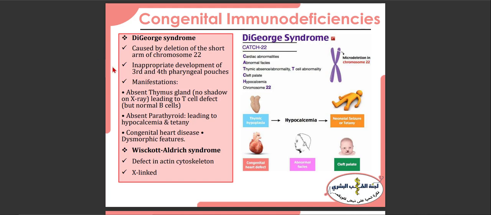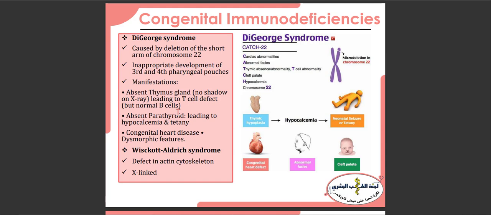المشكلة بتكون إنه بصير في عنا inappropriate development of the third and fourth pharyngeal pouches. هاي بالembryology. Manifestations بيكون في عنا absent thymus gland, no thymus, no shadow on X-ray. المفروض لما تعمل X-ray للpatient ويكون ظاهر فيها the shadow of the thymus gland. فهون بيكون no shadow, leading to T-cell defects but normal B cells.